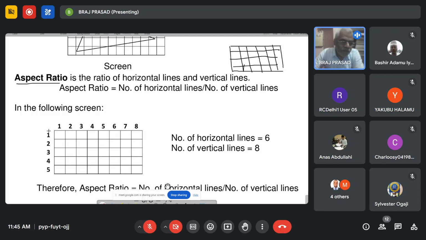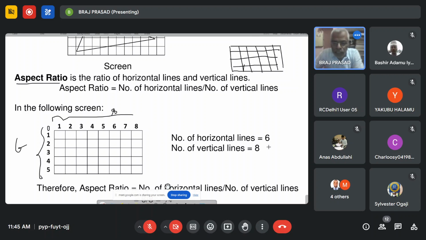rows. If we start from 0, then it is equal to 6, and 8. So there are 6 different horizontal lines and 8 different vertical lines.